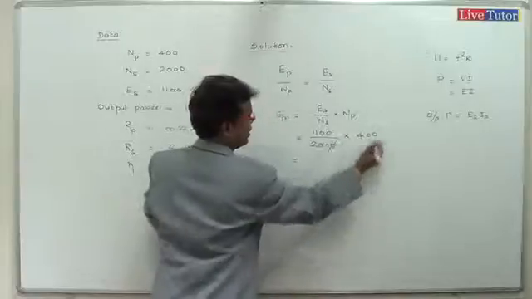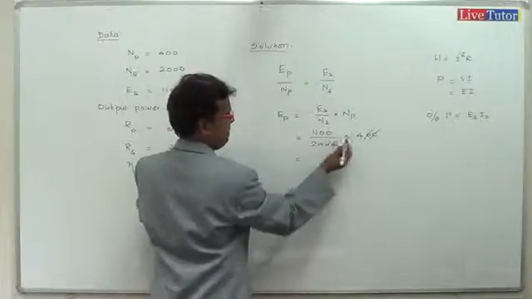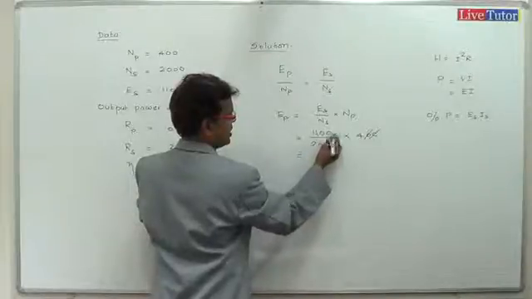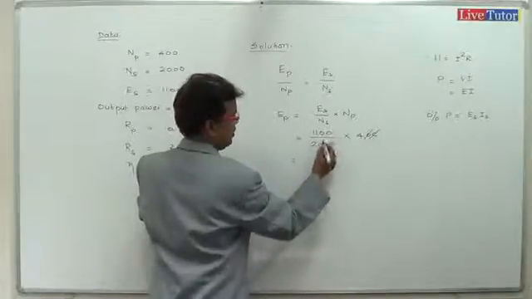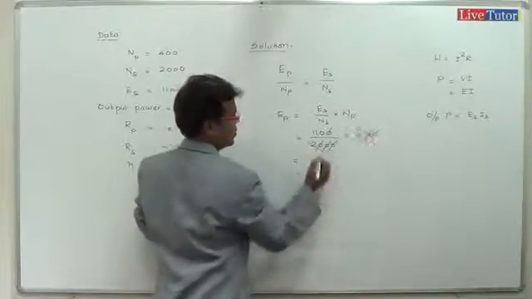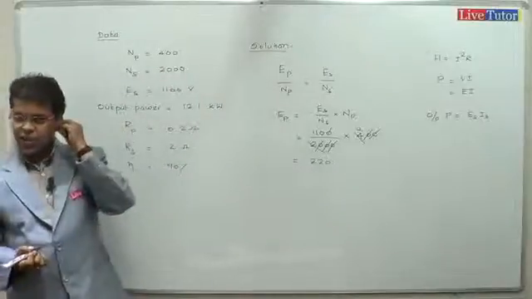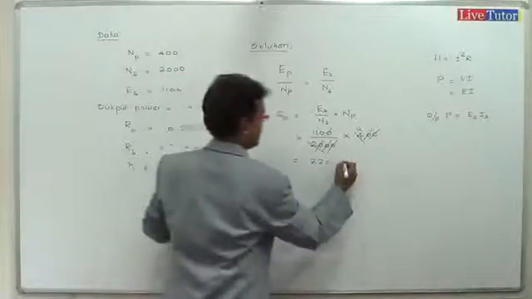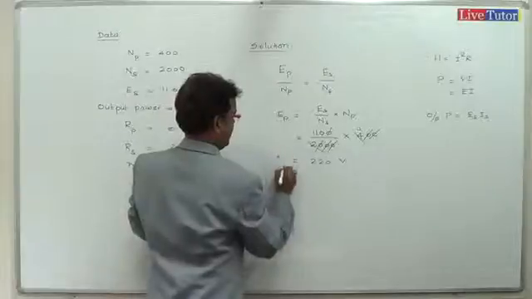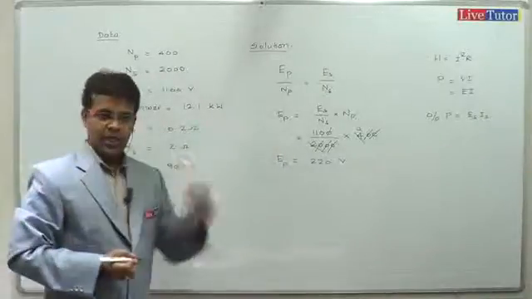Cancelling the zeros, this can be written as 2, so 2 11s are 2200. That is 220 volts. This is EP, the EMF in the primary coil.